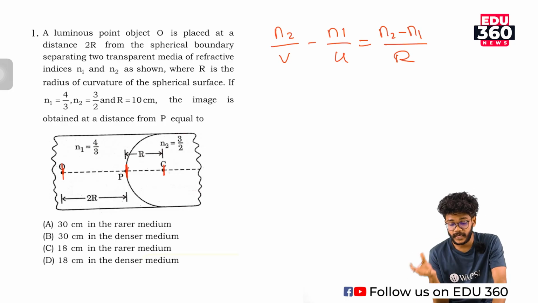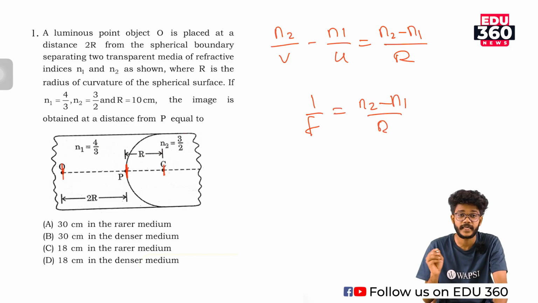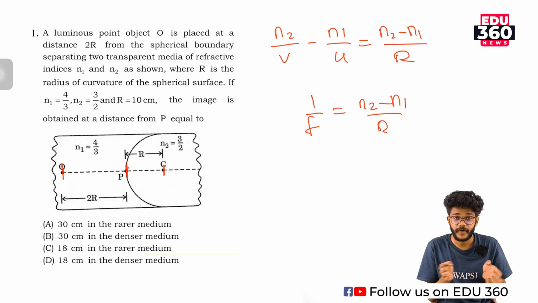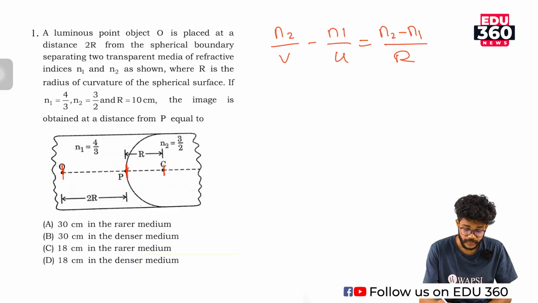On the right side we can write 1 by f. But actually we do not need the value of f, because we have n2, n1, r, and u. We have to find v, and they have already given u. Substitute in this equation.